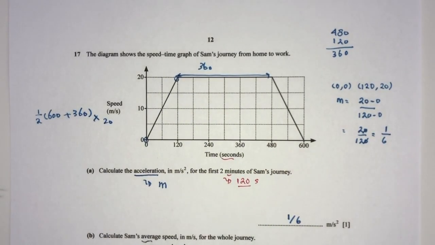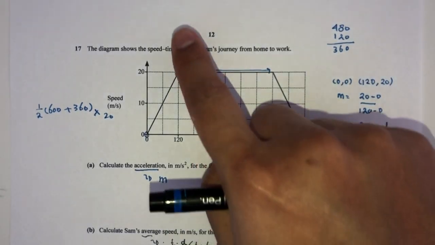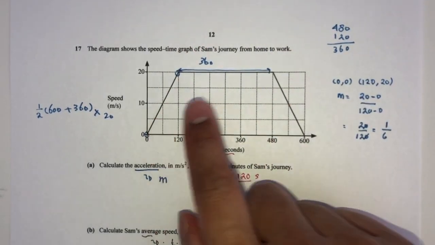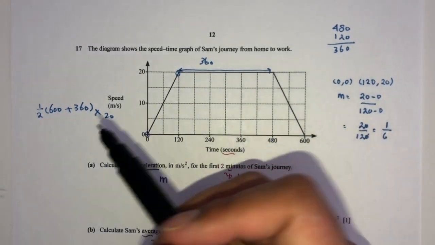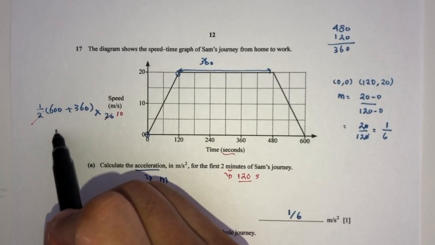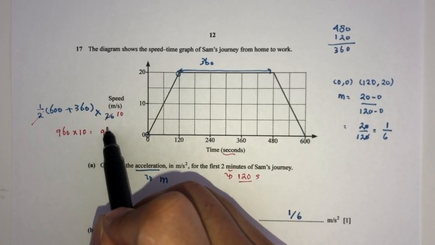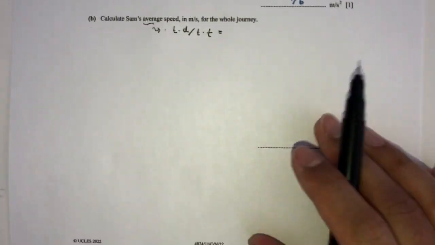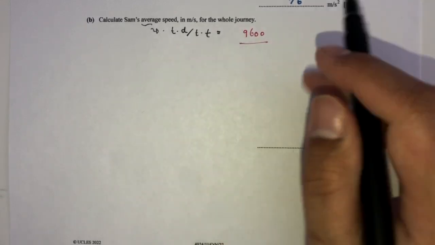This is the formula for the area of a trapezium. Again, you can always break it down into a triangle, triangle and rectangle, up to you. Simplify: 960 times 10 is 9600 for the distance traveled.